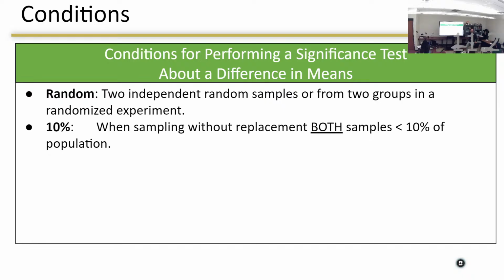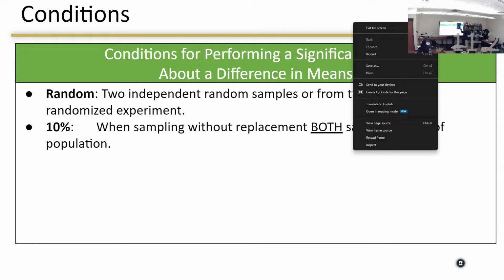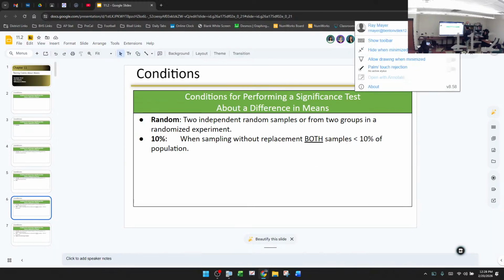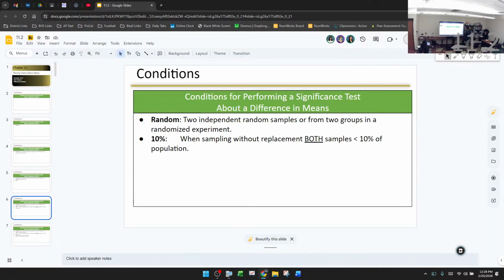Guys, I want to make sure, and when I say this, there's not a lot, but to me, 3 or 4 or 5 is a lot. I'm seeing some people just say 10% check. That does not check the 10% condition. You have to say that the sample is less than 10% of the population, okay? And it doesn't take much.